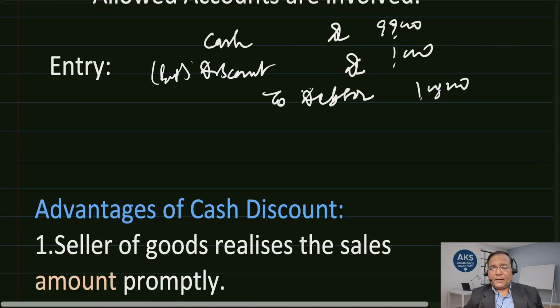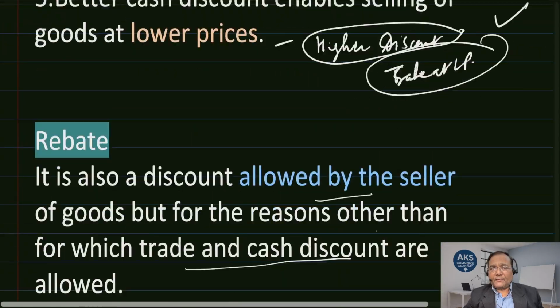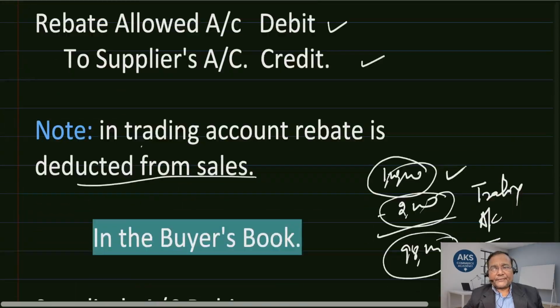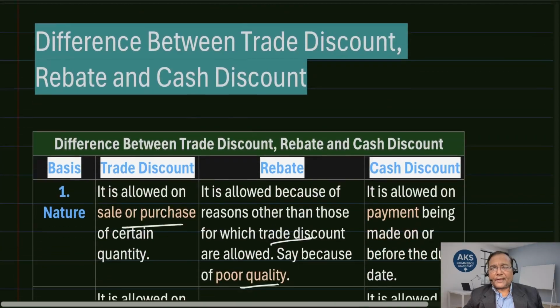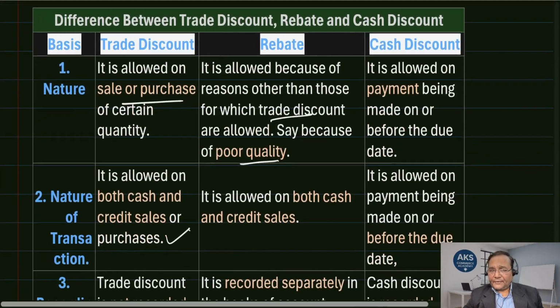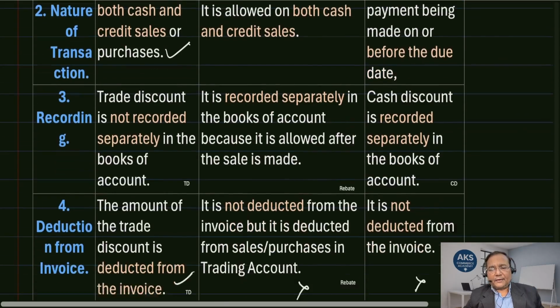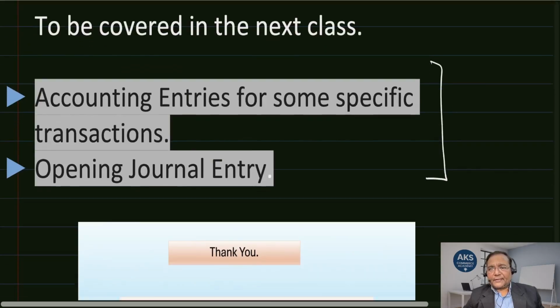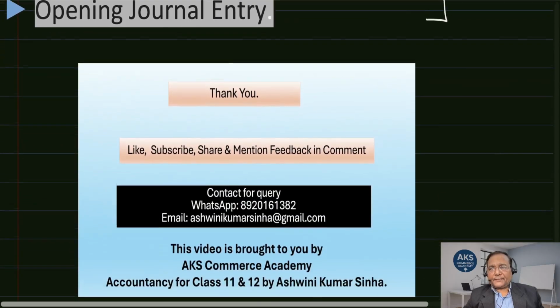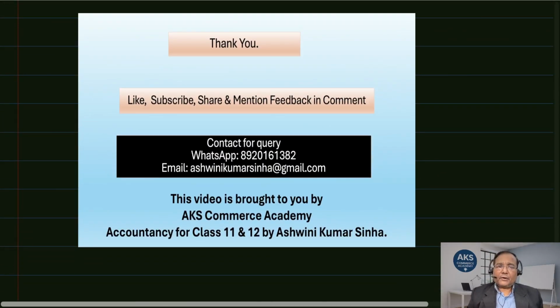There is a comparative table as well, and this must have certainly given you a good understanding of the treatment of trade discount, rebate, and cash discount in the books of account. As I told you, these are the things we are going to cover next.